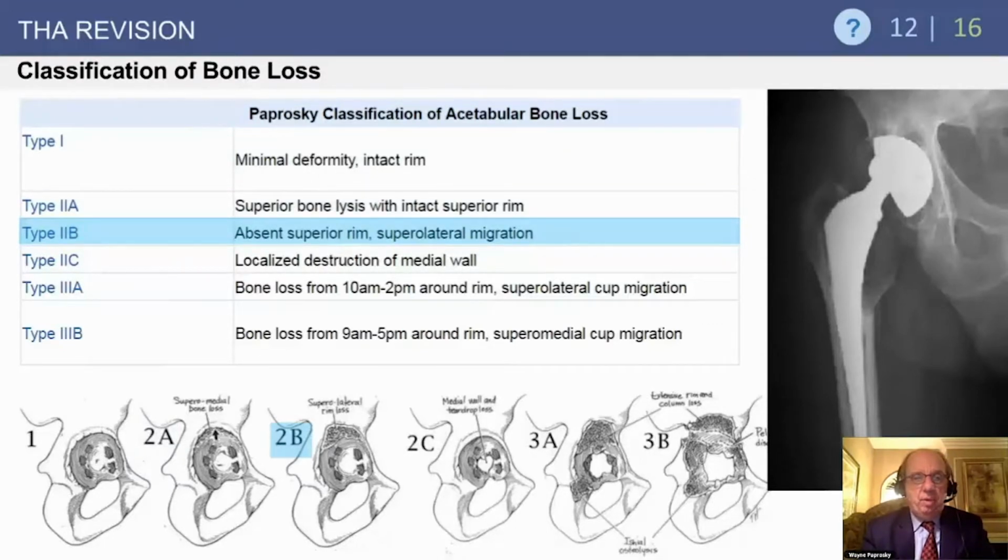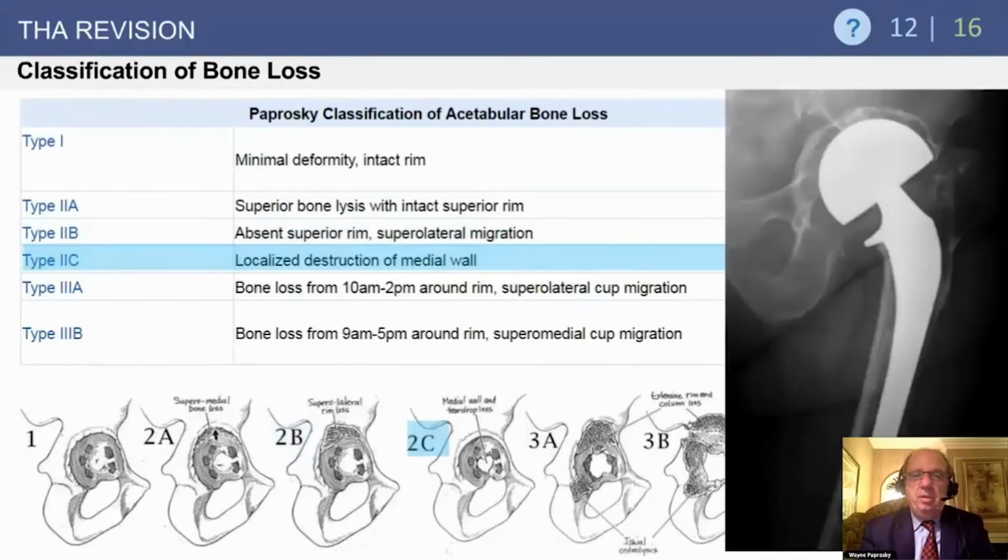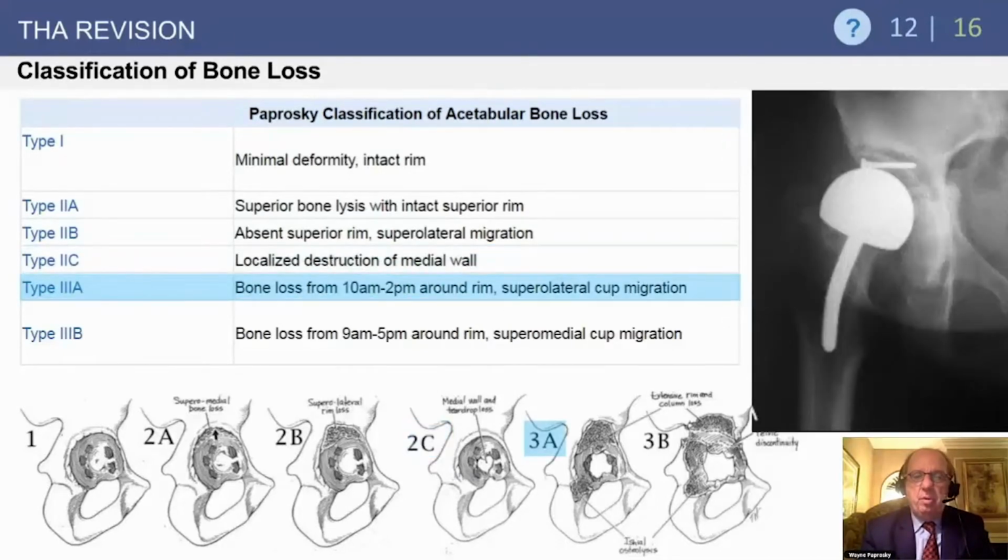That means the rim's not intact, less volumetric bone loss, but again, migration less than 3 centimeters from the teardrop. The 2C is just medial protrusio migration, but again, all of these type 2s are less than 3 centimeters of migration from the teardrop. All can be treated with a porous coated cup.